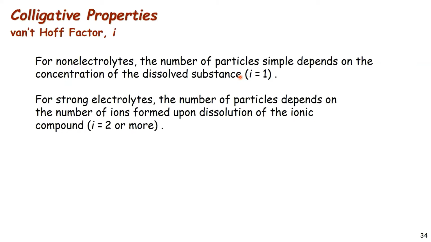For strong electrolytes, it simply depends on how many particles or how many ions that ionic compound is composed of. So for strong electrolytes, i is going to be 2 or more. Okay. So for example, without looking at your notes, sodium chloride is going to have what value of i?